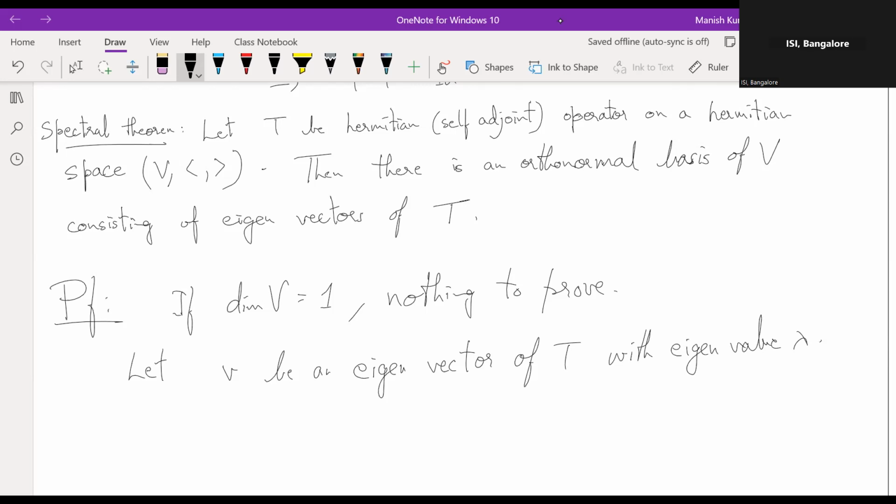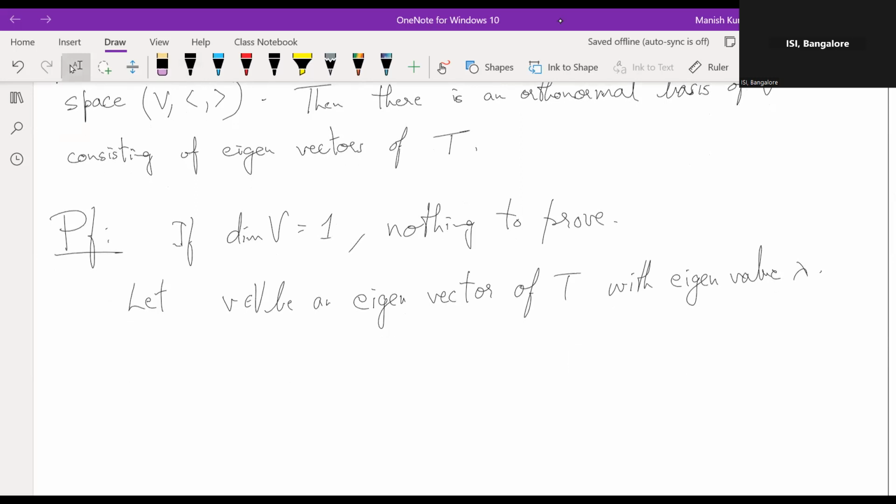Yeah. So what you do, you look at, let's call it v1. This will be the start of the orthonormal basis.